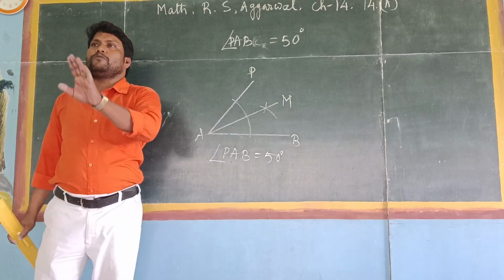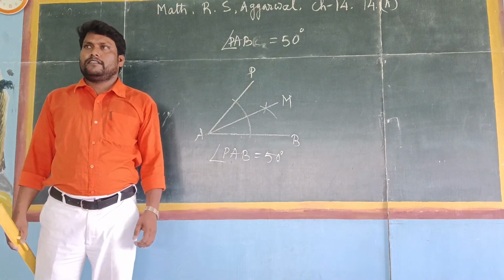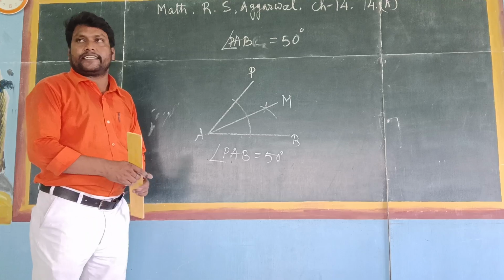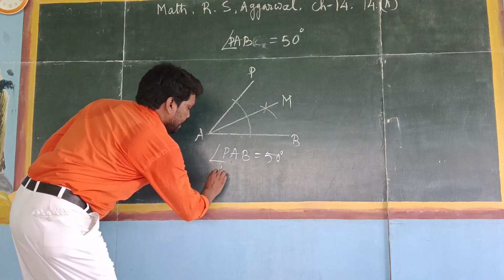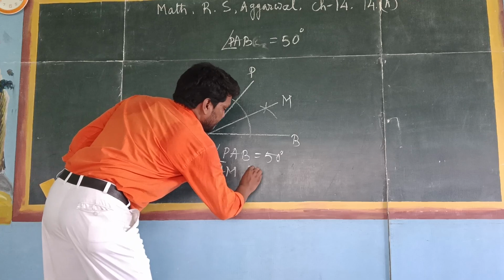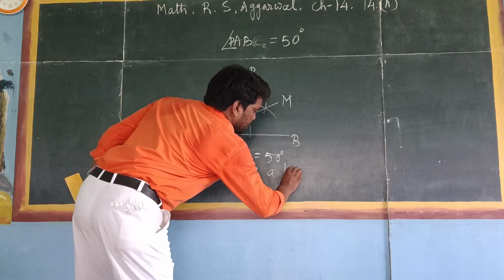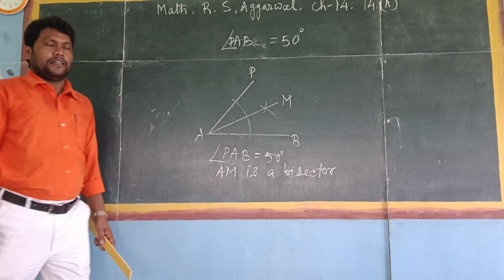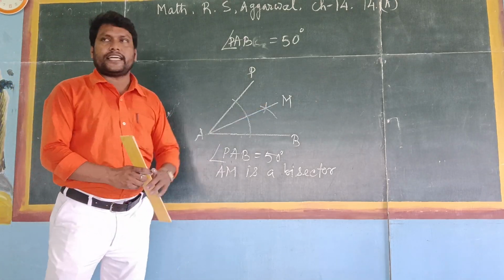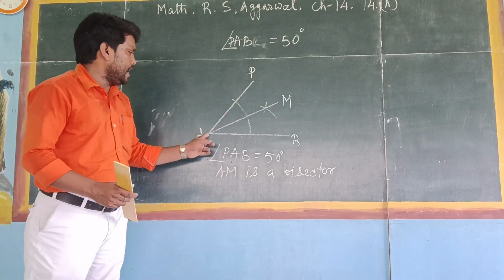I have constructed it with the help of the protector. Then I have bisected, and AM is the bisecting line. AM is the bisector of angle PAB.